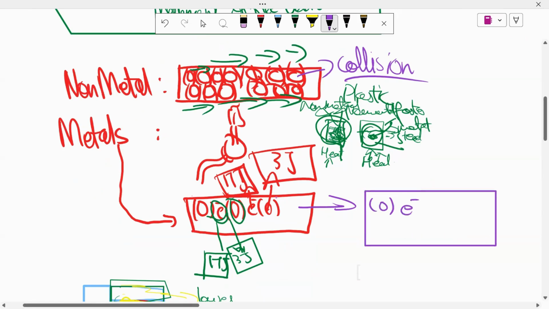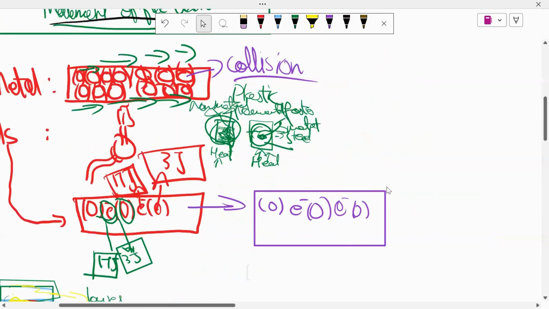The main thing is there are electrons. So for example, by the collision, let's suppose 3 joules of energy is transferred, and by the movement of electrons, it will transfer 17 joules.